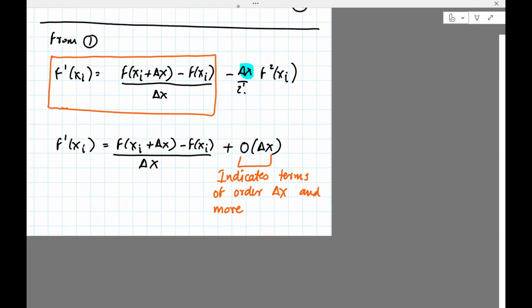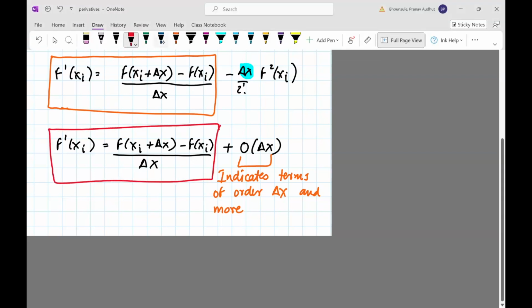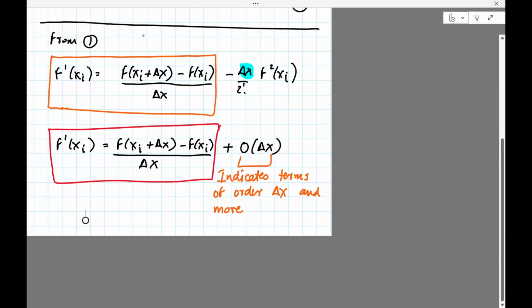Okay, so this way of approximating the derivative is called the two-point forward difference approximation.